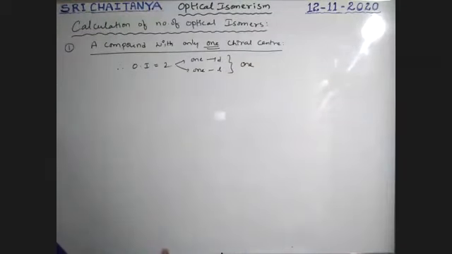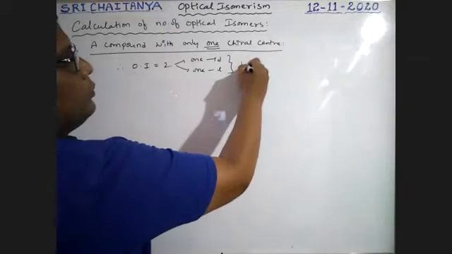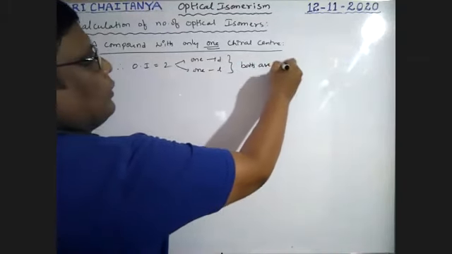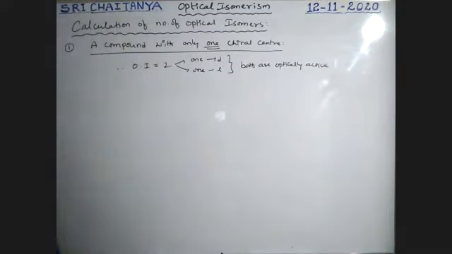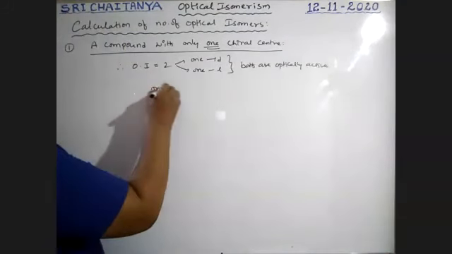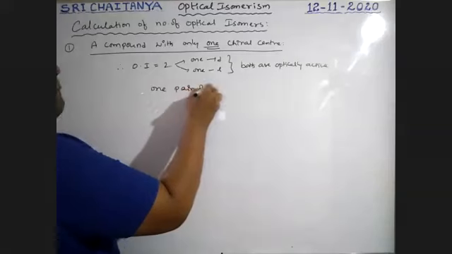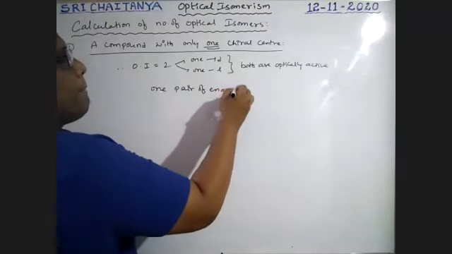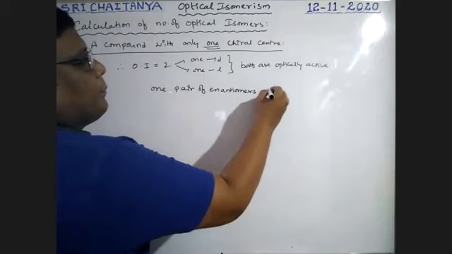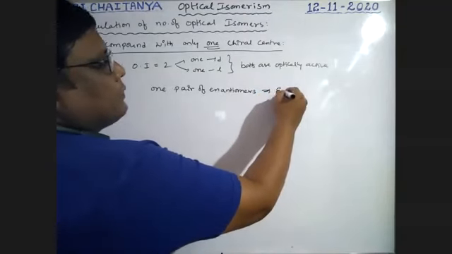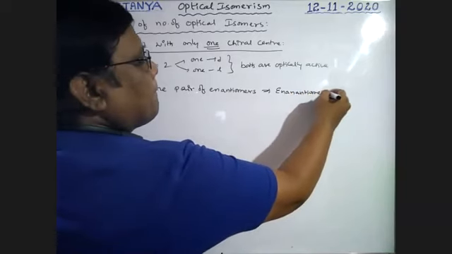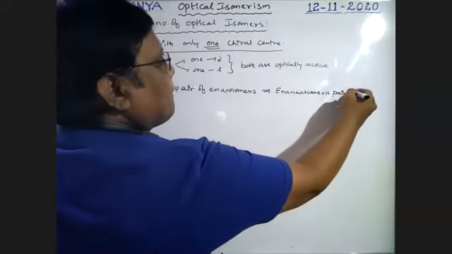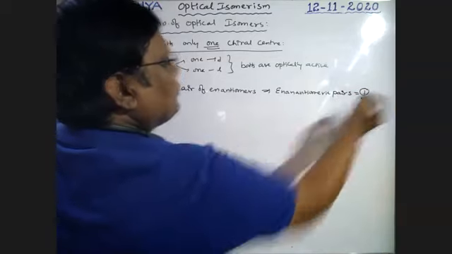Both are optically active. Therefore, 2 means one pair of enantiomers. That implies the number of enantiomeric pairs is equal to 1.